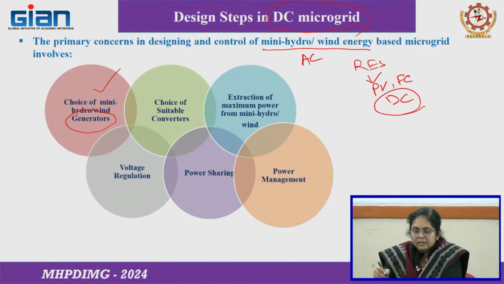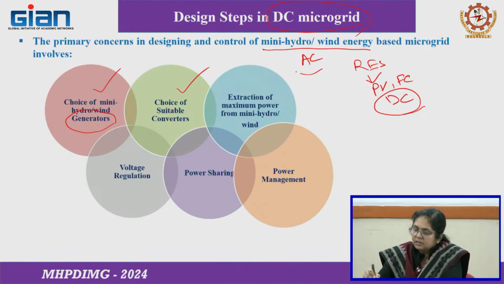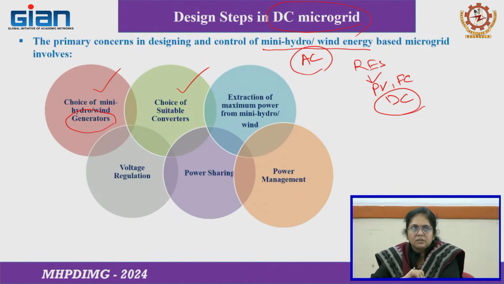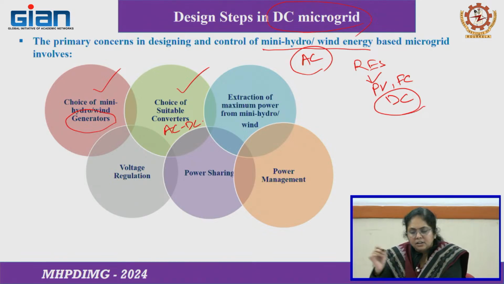Then you have to choose the suitable converter. Here, as the output for both these sources is AC, we have to go for AC to DC, and then depending on your bus voltage, it will be decided whether it is buck or boost operation.